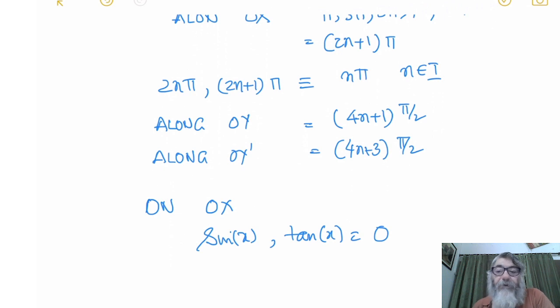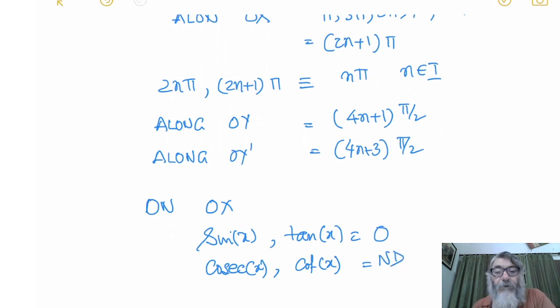Sin x and tan x are 0. And the reverse of these, cosec x and cot x: cosec x will be 1 upon sin 0, not defined. Cot x is 1 upon tan x, not defined.